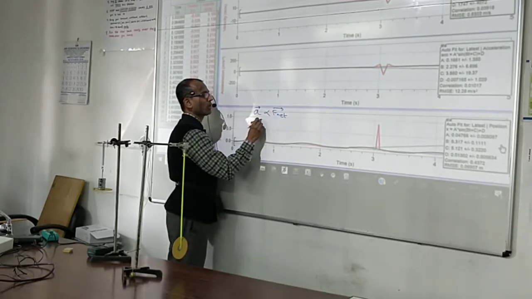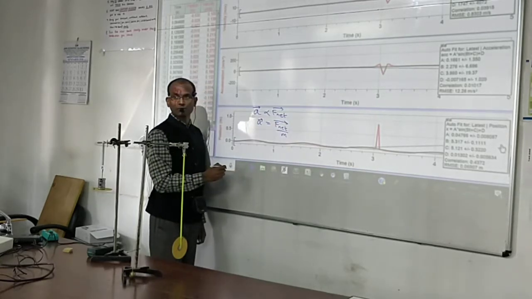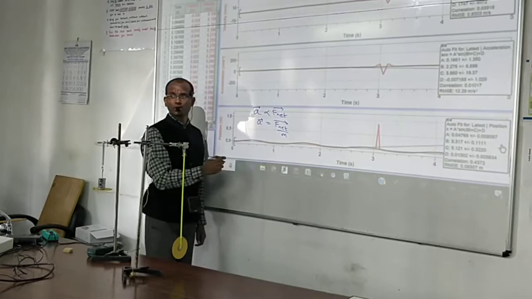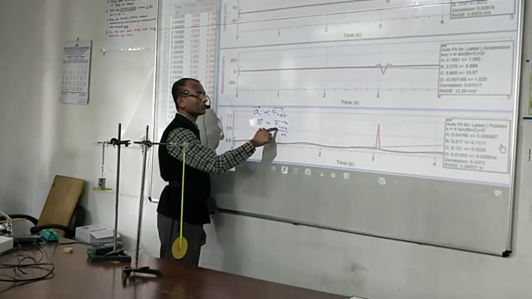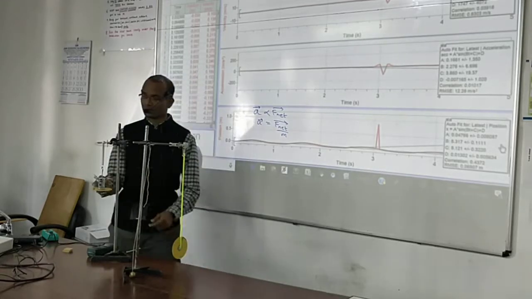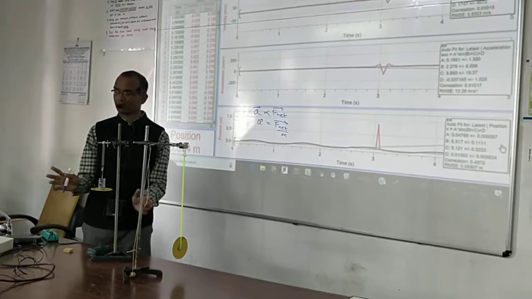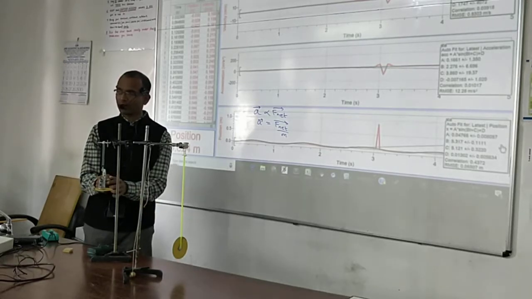According to Newton's second law, it will be net force divided by mass. Now for simple harmonic motion, the condition is that the net force should be proportional to the displacement from its equilibrium position. Equilibrium position is defined as a position where the net force is 0. So right now the net force acting on it is 0.